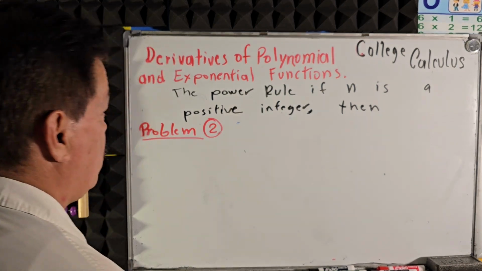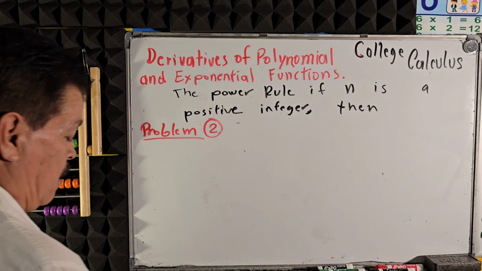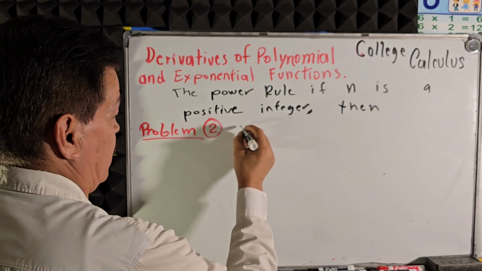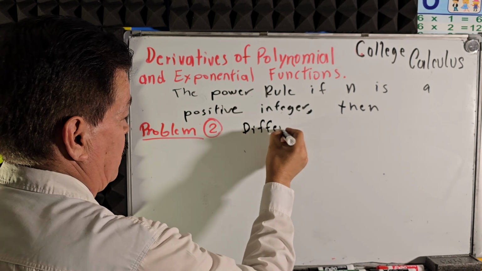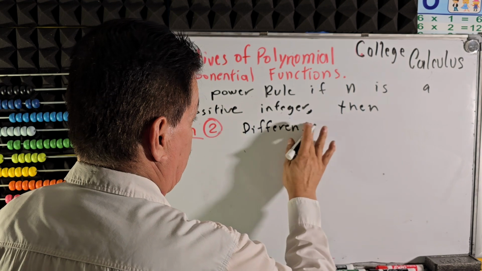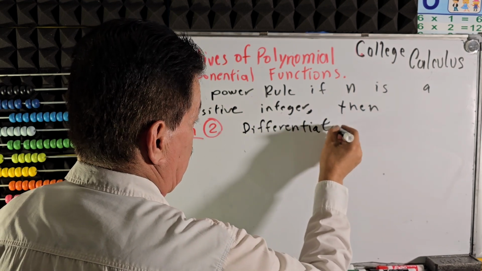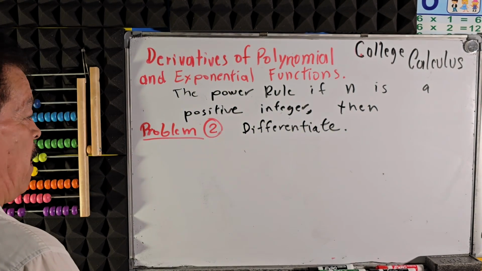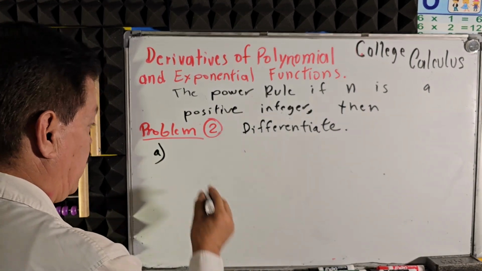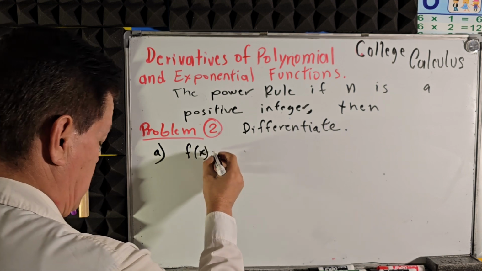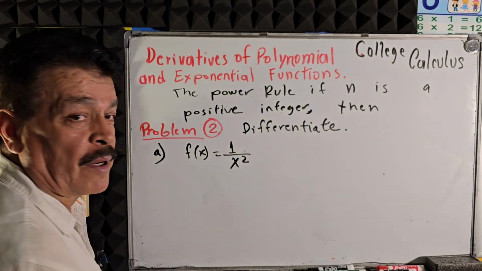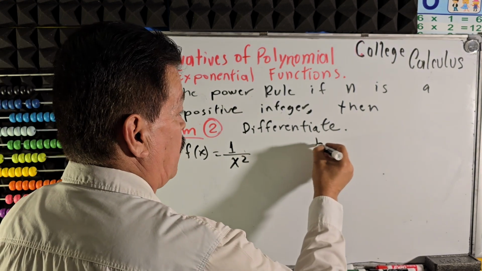Now we have to work with differentiation. We have A, f of x equals 1 divided by x to the 2nd power. And B, 2 problems here.